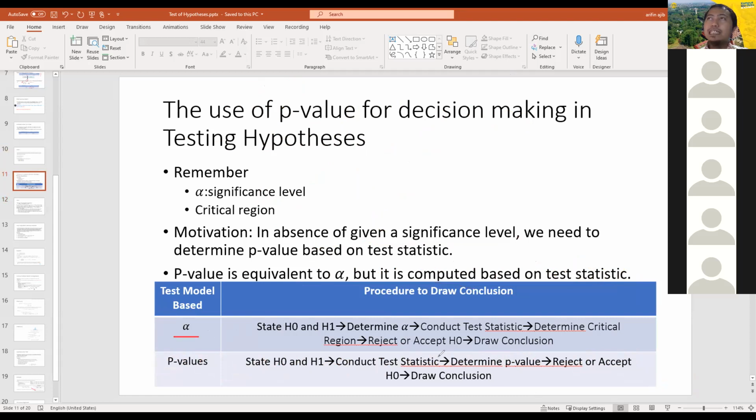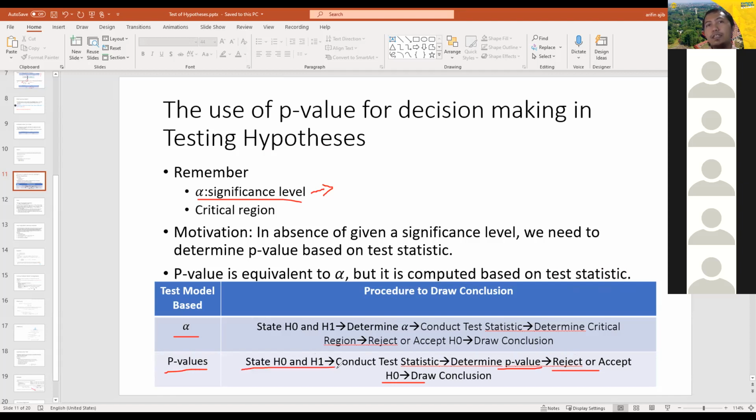Jadi kalau hipotesis testing konvensional, hipotesisnya biasanya diketahui signifikan levelnya dulu. Signifikan level sebagai standar, kemudian berbasis standar ini kita menentukan akan mereject atau menerima null hipotesis. Tetapi kalau p-value, reject dan accept-nya berdasarkan p-value yang diperoleh.